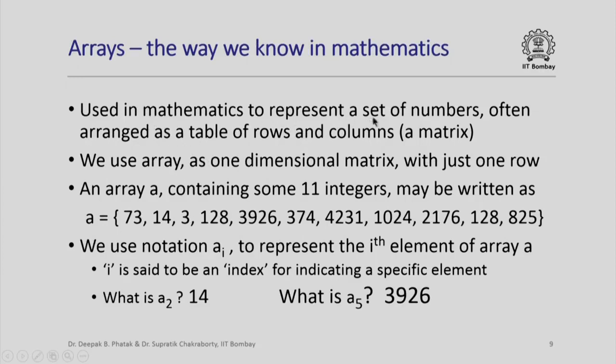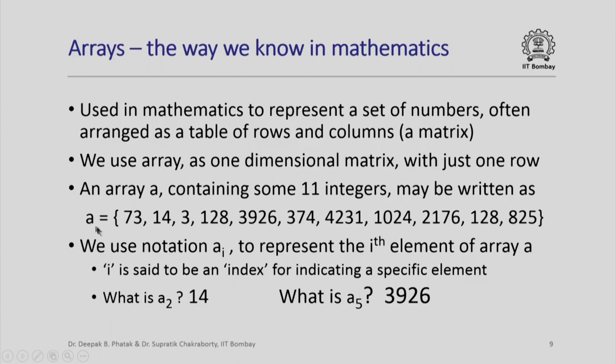You know, when we want to represent a set of numbers, often arranged as a table of rows and columns, it is called a matrix. For example, an array is nothing but a one-dimensional matrix with just one row. Now an array A, let us say, contains some 11 integers. We may be able to write it as A equal to 73, 14, 3, 128, etc. These are all 11 values. Mathematically, we immediately understand that A is an array.